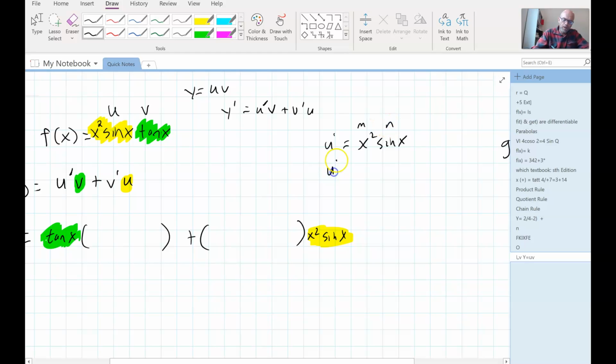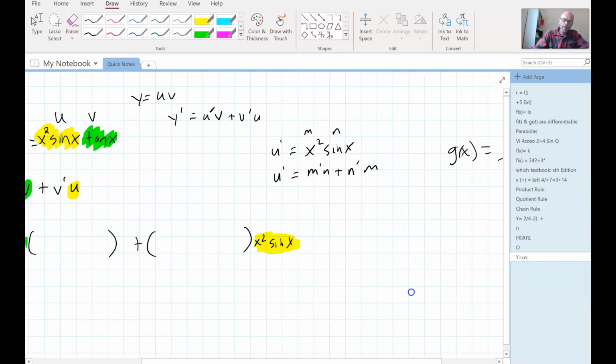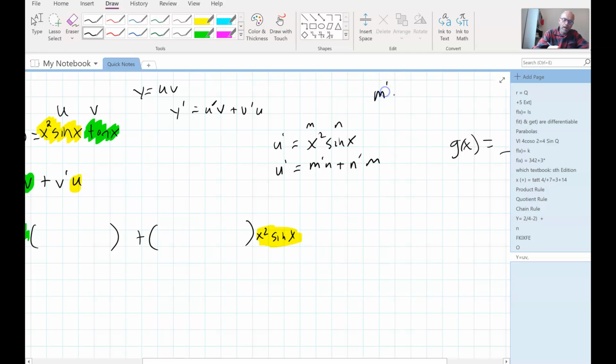Then to find u prime, I need m prime n plus n prime m. What is m prime? That's 2x. What's n prime? That's cosine x. So down here, I write m prime, which is 2x, times n, which is sine x, plus n prime, which is cosine x, times m, which is x squared.